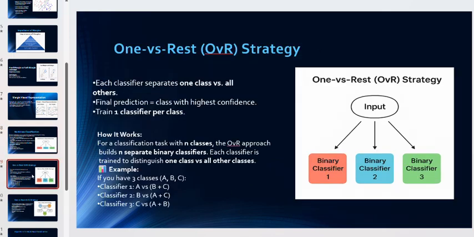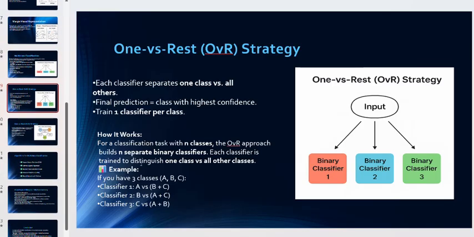And then the one versus rest strategy. One common approach for multi-class classification is one versus rest. In this, we train one classifier for each class, treating it as this class versus all the others. Here is the diagram of the one versus rest strategy.